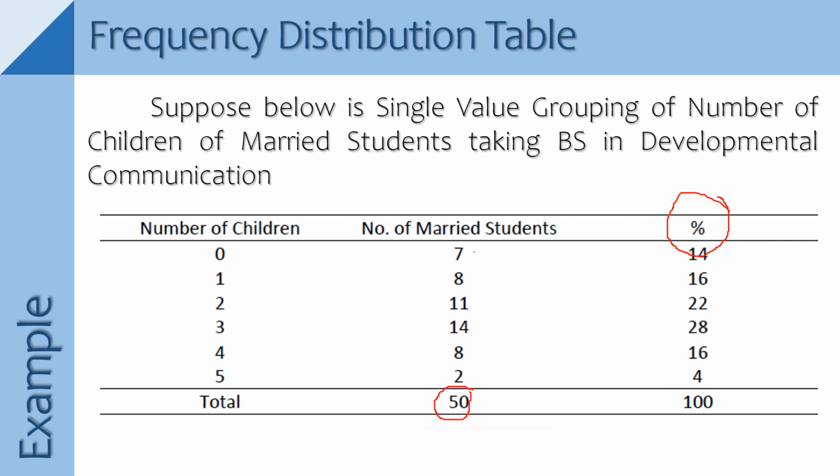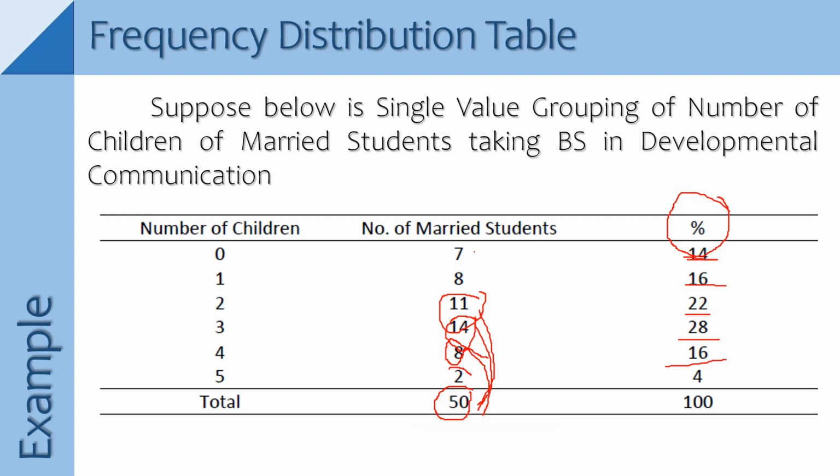So we have 7 over 50 multiplied by 100, so we will get 14. 8 divided by 50, so we have 16. 11 divided by 50, so we have 22, times 100. 14 divided by 50 multiplied by 100, that is 28. 8 divided by 50 multiplied by 100, so we have 16.